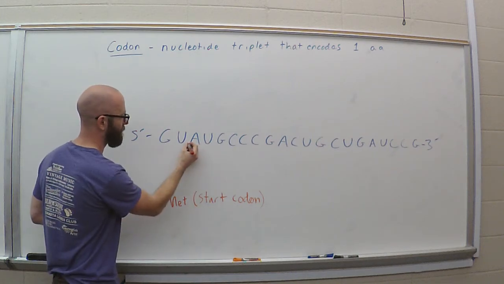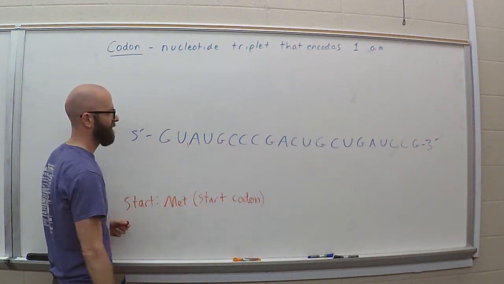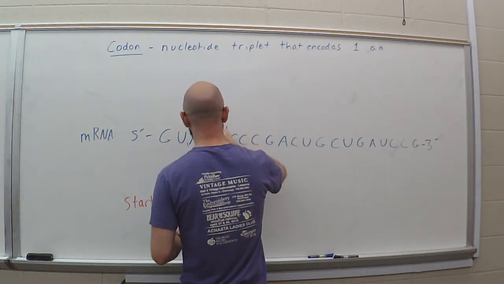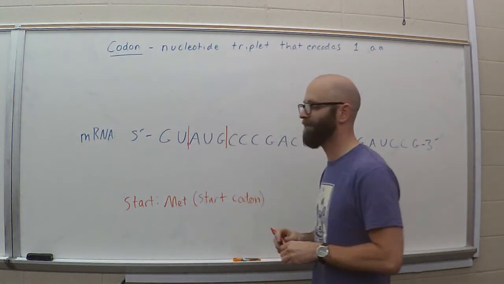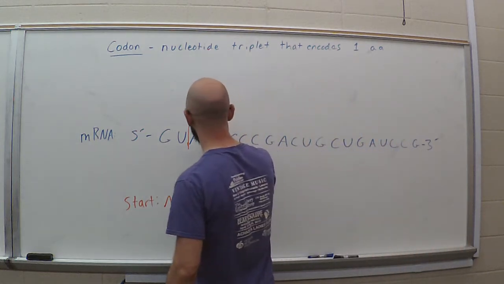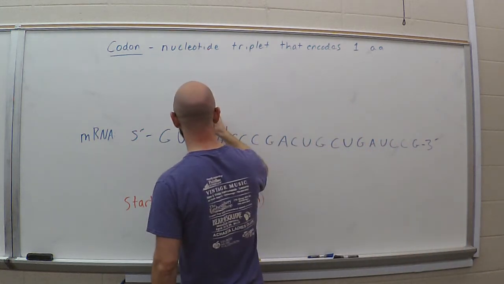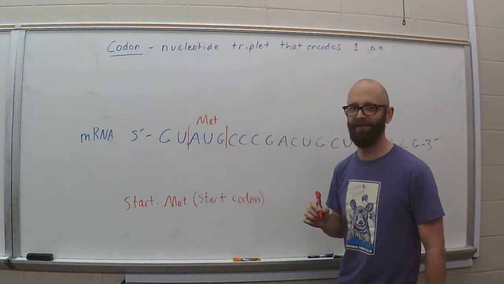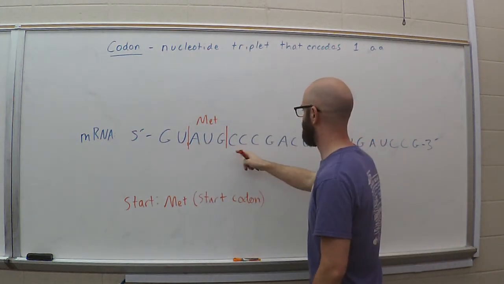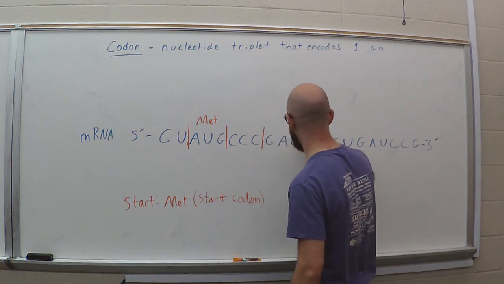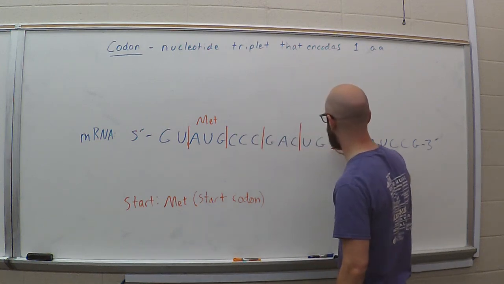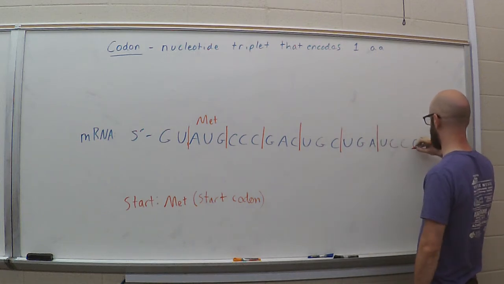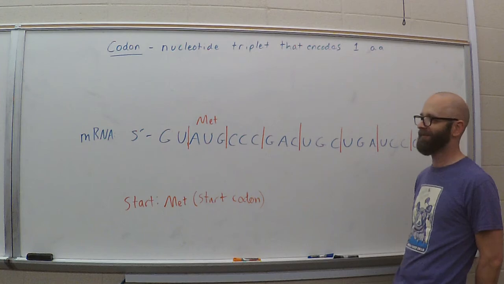So there's our start codon. So the first amino acid in this polypeptide is methionine. The next one is CCC. The next codon is GAC, then UGC, then UGA, go dogs, and UCC.